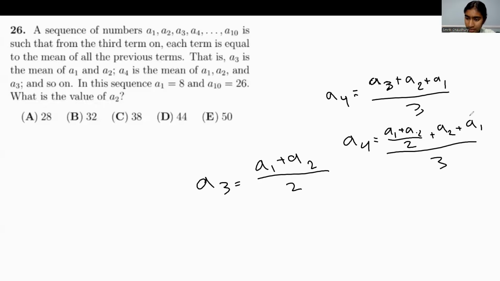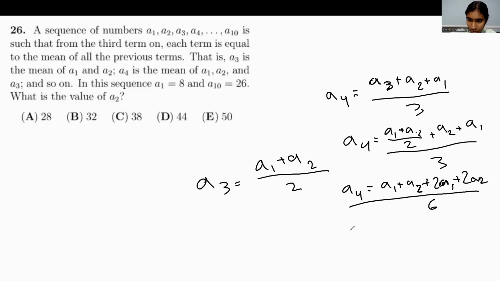So we can multiply both parts by 2. So now we have A4 equals A1 plus A2 plus 2A1 plus 2A2 over 6.